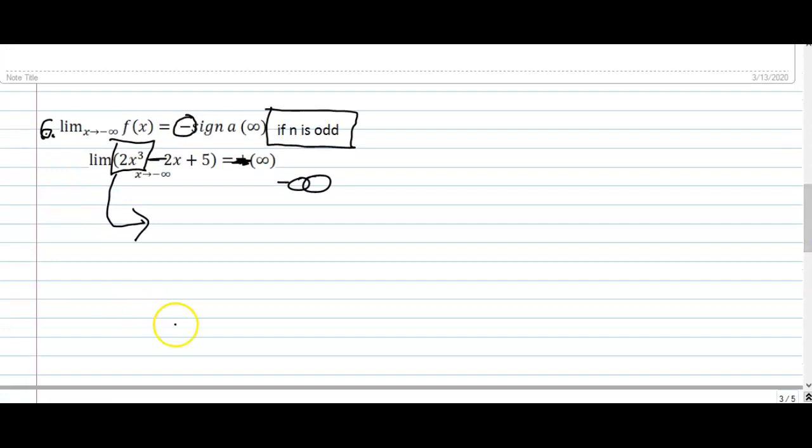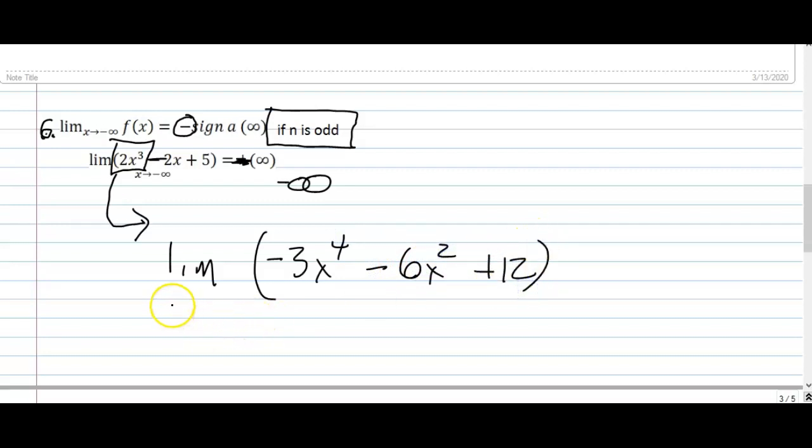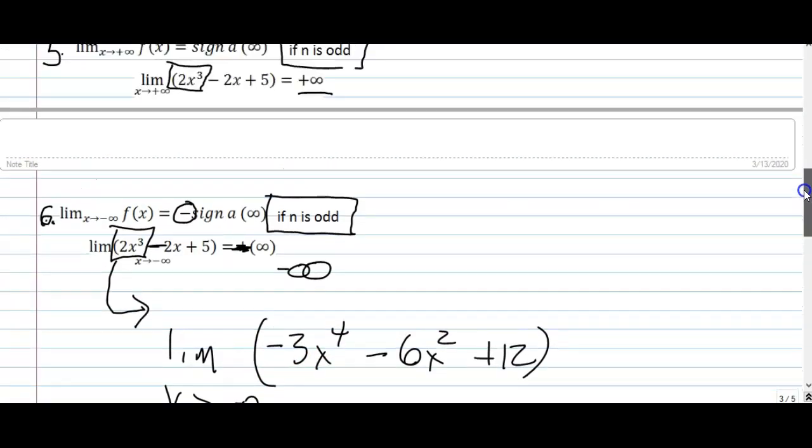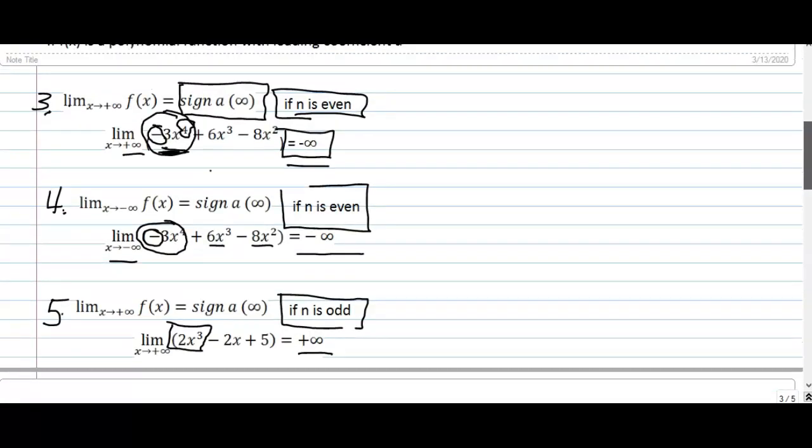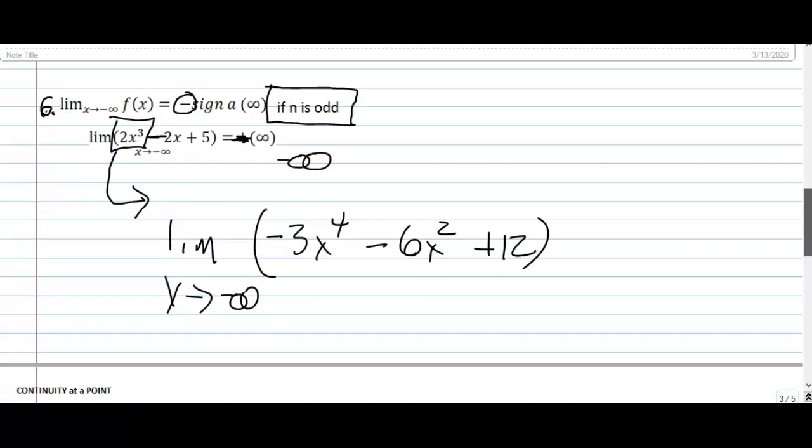So let's just look at a couple more. Suppose we have the limit of minus 3x to the 4th minus 6x squared plus 12 as x approaches negative infinity. And again, what I'm going to do is just use a common sense approach as opposed to trying to learn these 4 rules.